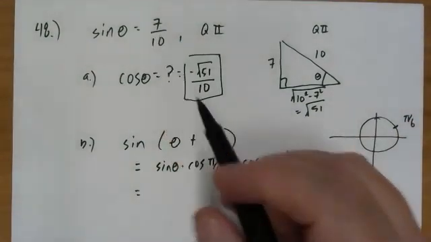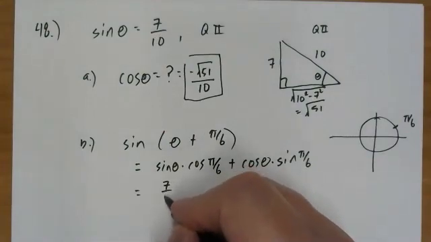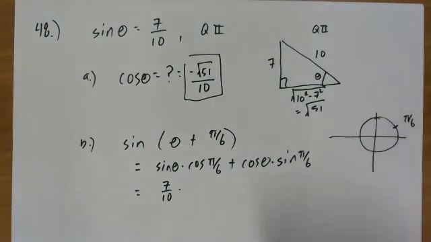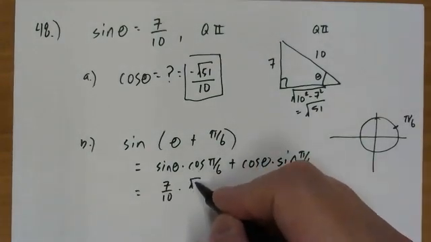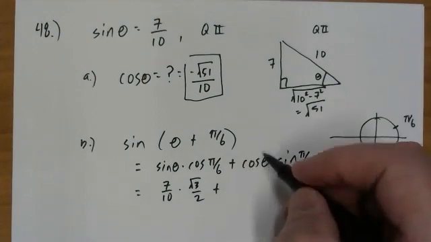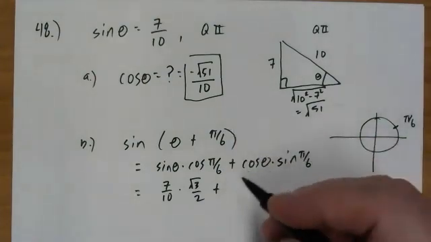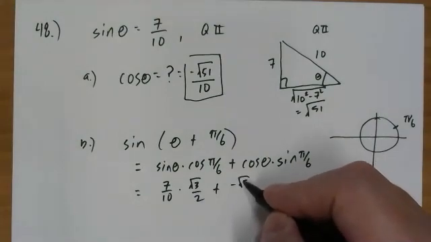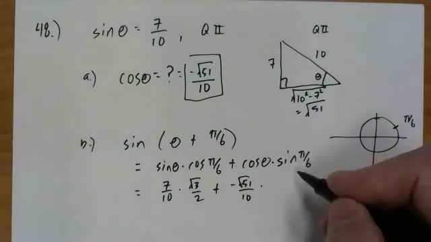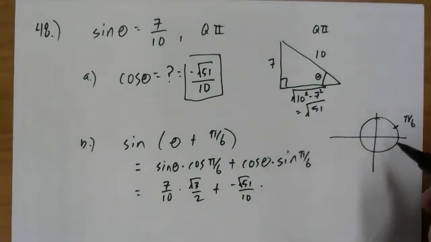Sine of theta, 7/10. Cosine of pi over 6. What's the cosine of pi over 6? Square root of 3/2. Cosine of theta, we just calculated that, negative square root of 51/10, times the sine of pi over 6 is 1/2.